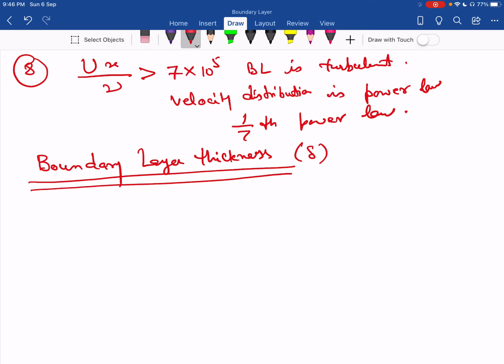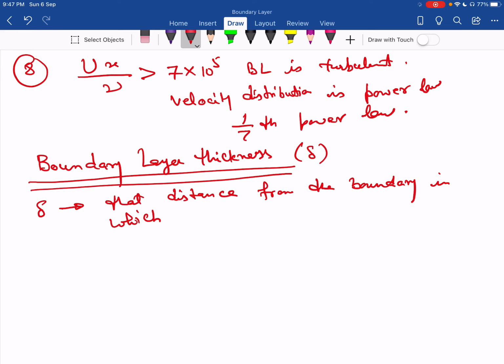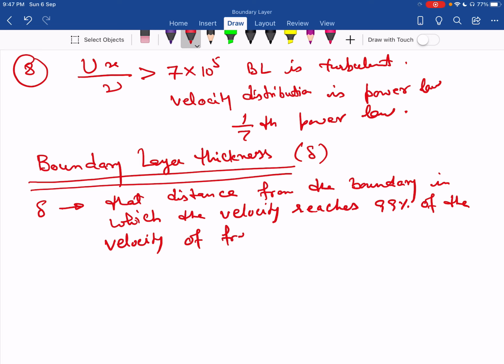The thickness of the boundary layer, delta, is defined as that distance from the boundary of the plate at which the velocity reaches 99% of the velocity of the free stream.